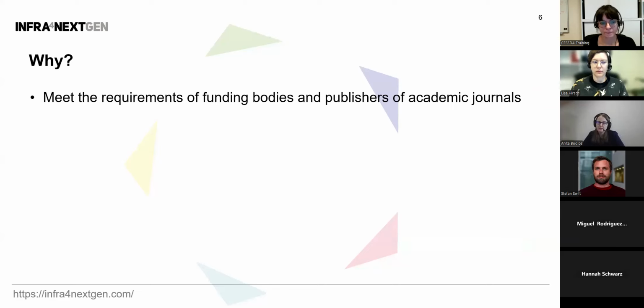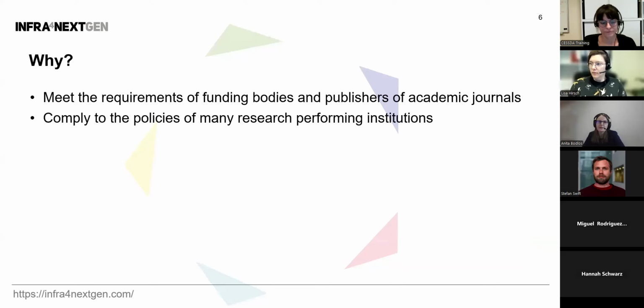Also, many academic journals now require researchers to publish the research data on which the analysis of their papers is based. So research data management allows you to meet the requirements of both funding bodies and many academic journals.